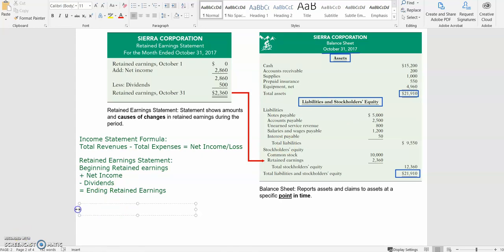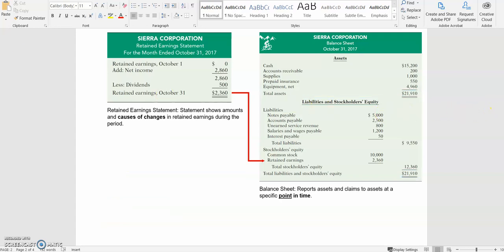The formula that you want to note for the balance sheet is also referred to as our basic accounting equation, which is total assets equals the total liabilities plus equity. So that will be the formula that you want to note for the balance sheet, which reports the assets and claims to assets at a specific point in time.